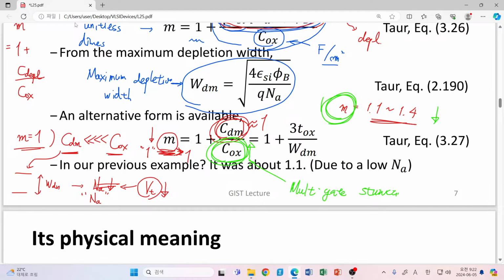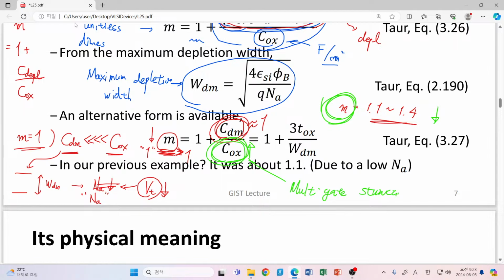The other way is to try to include more gates and effectively increase this oxide capacitance further and further, and that will give you eventually the value quite close to number 1. So I want to say that nowadays we can maintain the M value quite close to 1. If you are working with the state-of-the-art device, maybe to you it is not that surprising, the value close to 60 millivolt per decade, but it was not achievable in our planar MOSFET case.